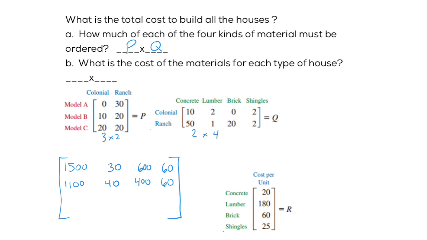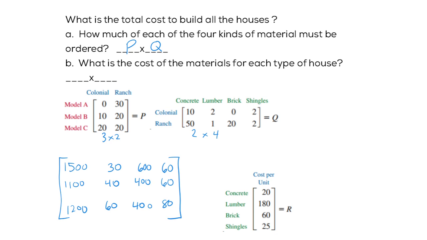I'm going to have a 200 and a 1,000. So that's 1,200. Then I'm going to have a 40 and a 20. 0 and 400. And 40 and 40. All right, so I've got that matrix.